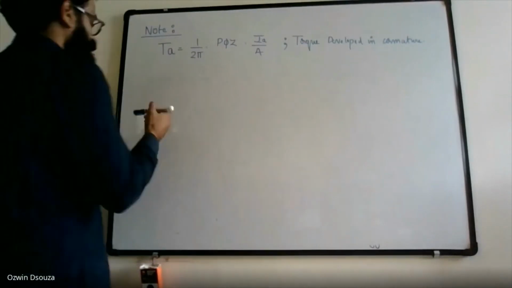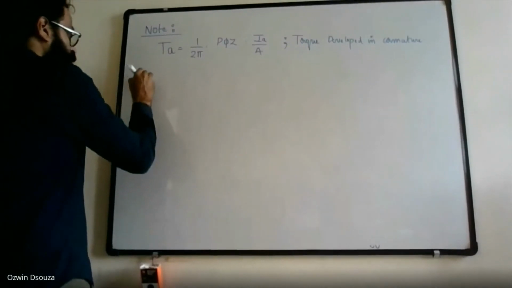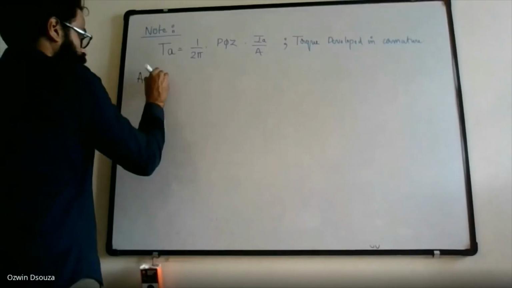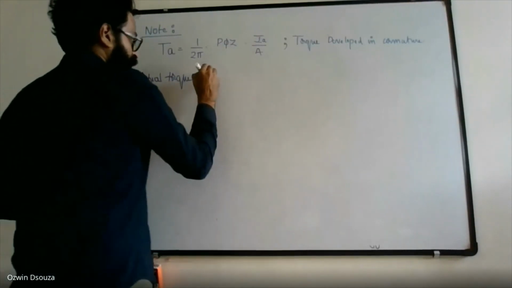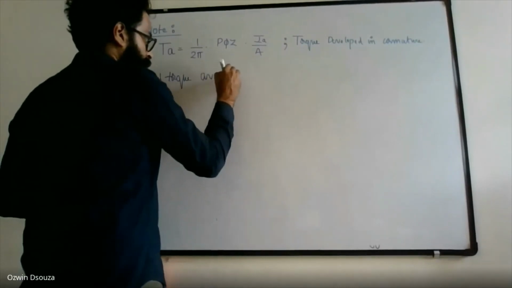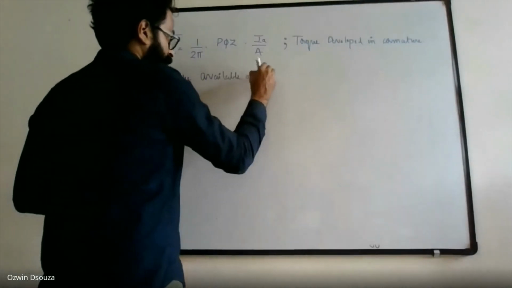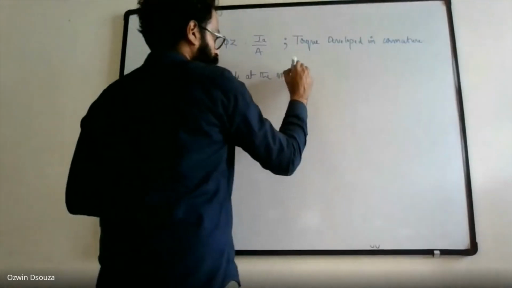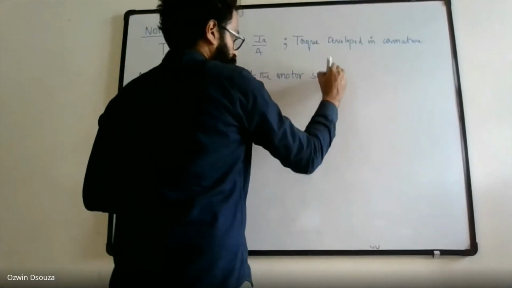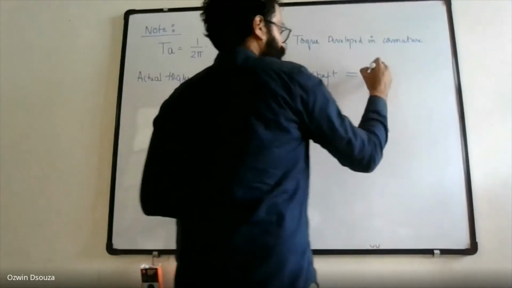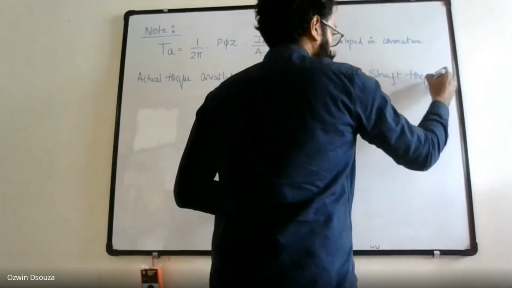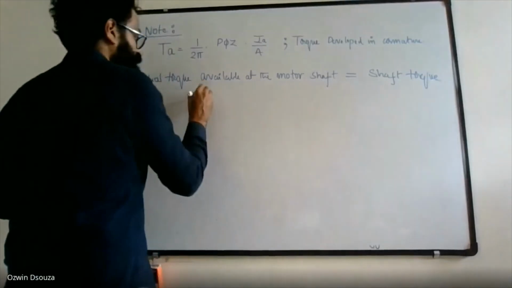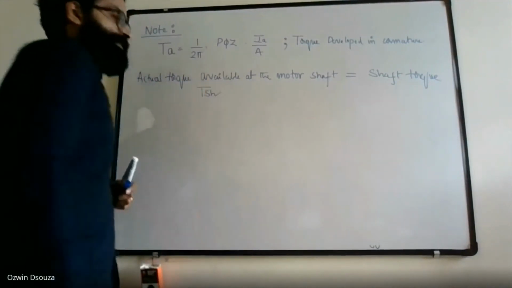So the actual torque available at the motor shaft is called shaft torque, and it is denoted by TSH.